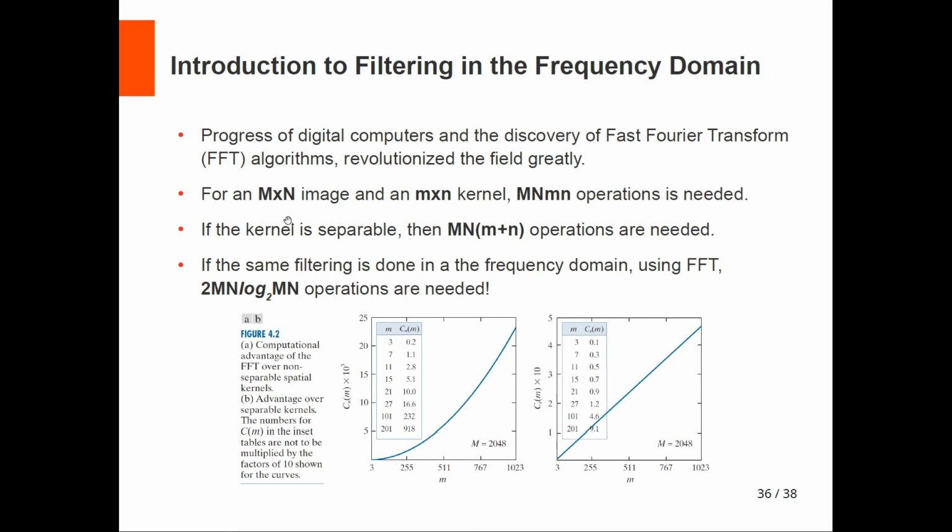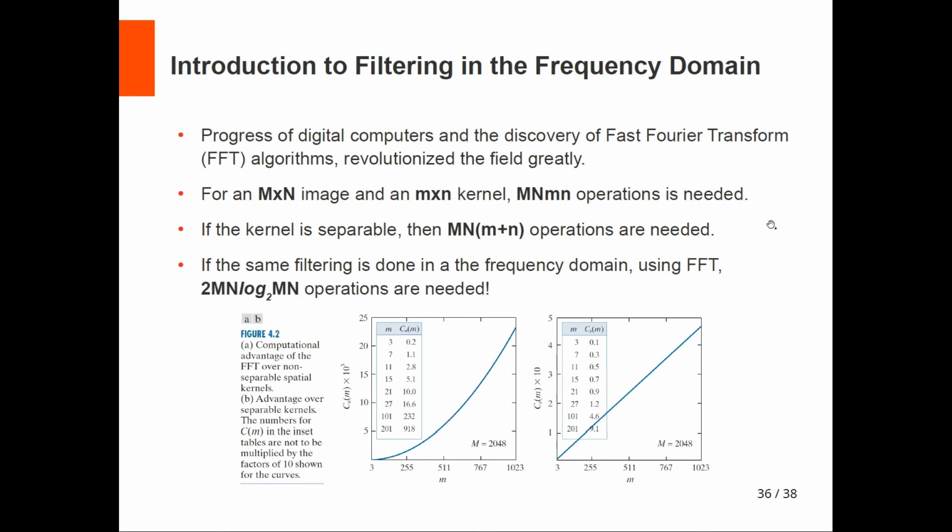For an image of size M by N and a kernel of m by n, if the kernel is not separable, we needed M N m n operations to find the convolution of the image with the kernel. We saw that if the kernel is separable, then the number of operations is significantly reduced to this equation.